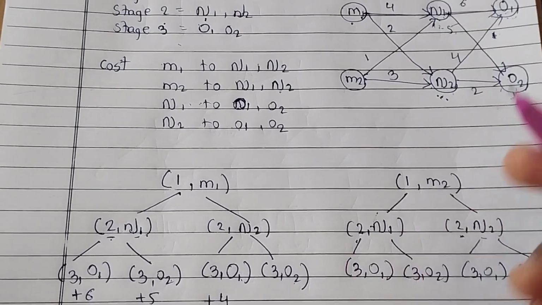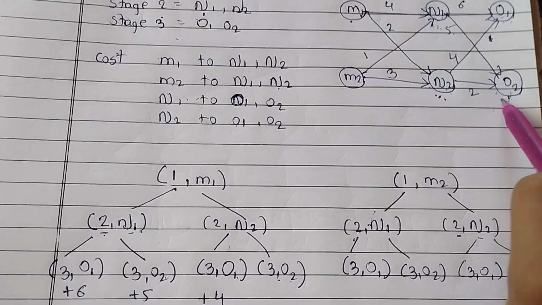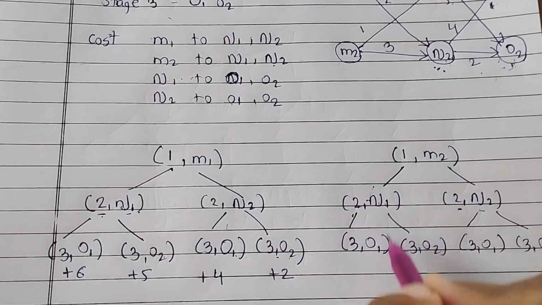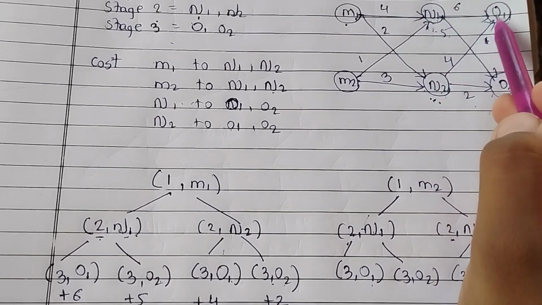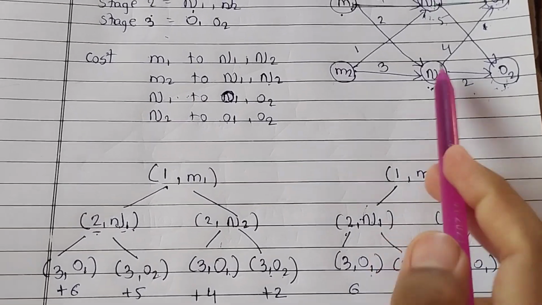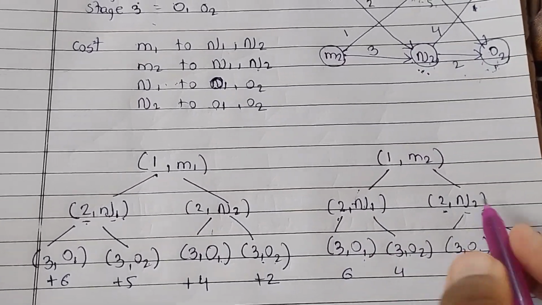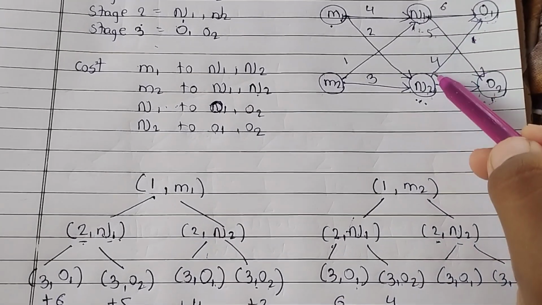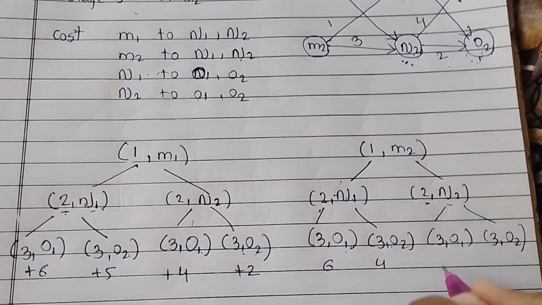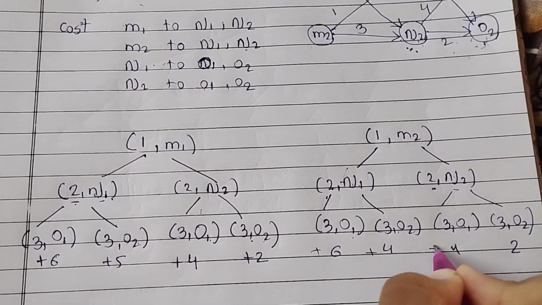N2 to O2 cost is 2, plus 2. Same for the other graph: N1 to O1 cost is 6, N1 to O2 cost is 5, N2 to O1 and N2 to O2 cost is 4 and 2. We add these.